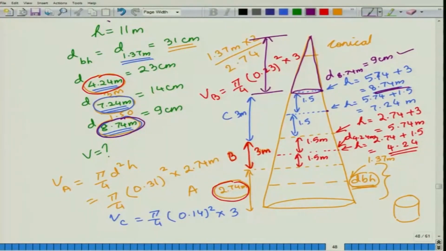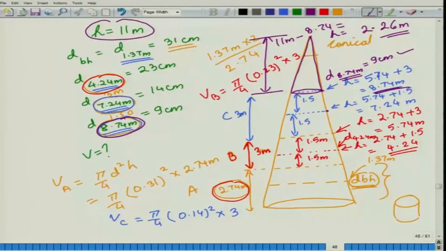We are given that the total height of the tree is 11 meters. The height of the base of this cone is 8.74 meters. So, can we now figure out the height of the cone? The height of the cone would be 2.26 meters.